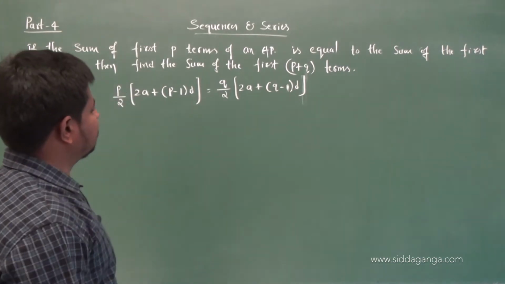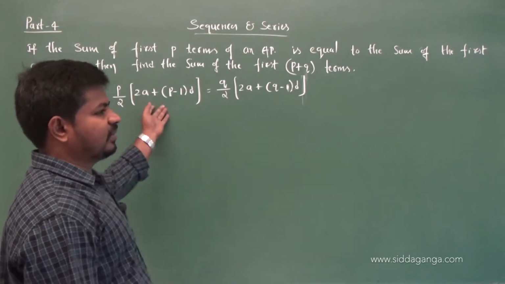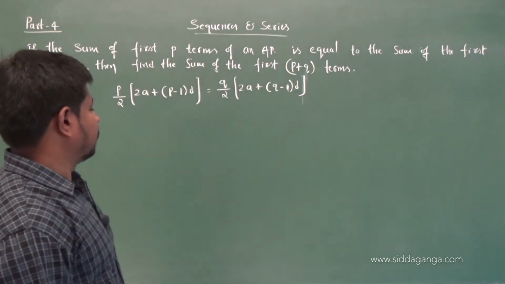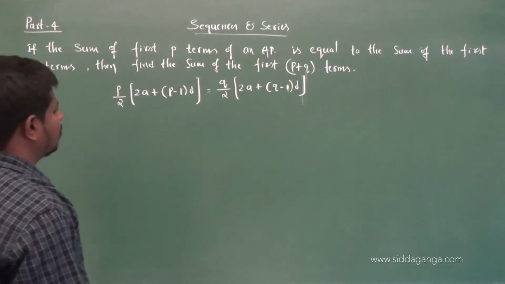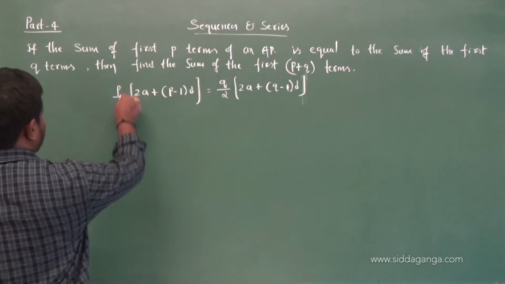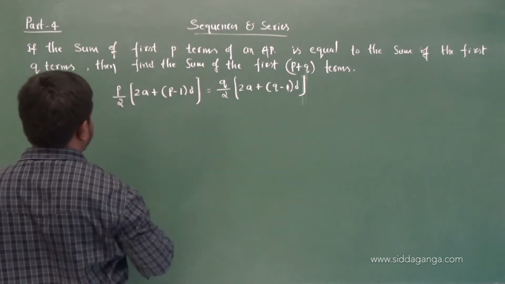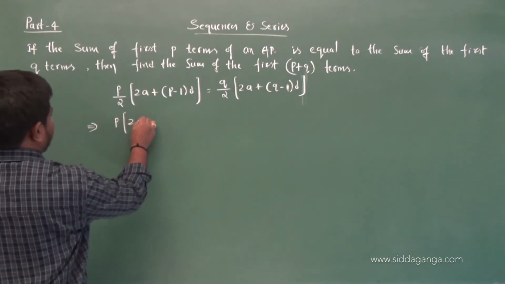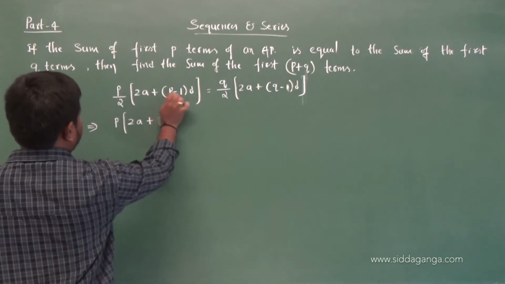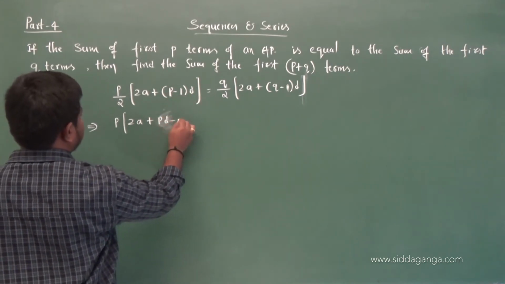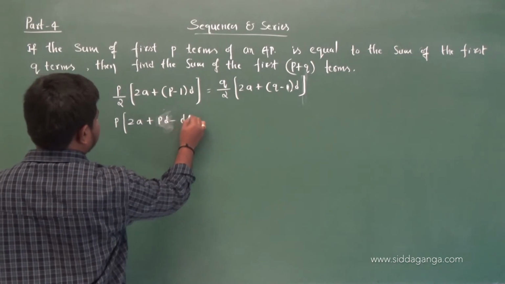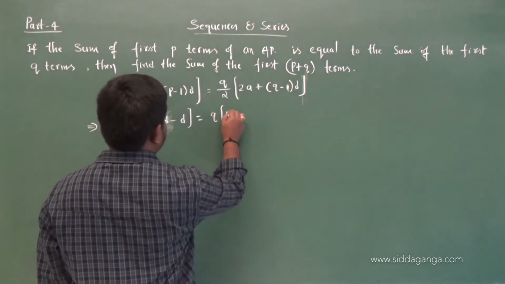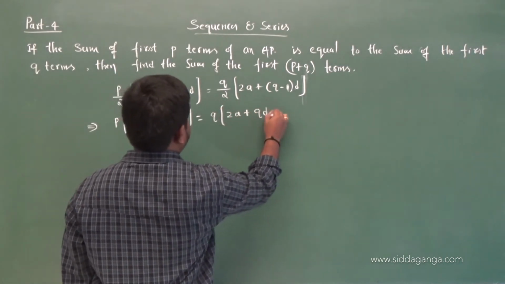Now, what is the sum of first p plus q terms? If p is 5, q is 10, then what is the sum of first 15 terms, p plus q? That's it. Okay, then, on both sides I am going to cancel 1 by 2, 1 by 2 gets cancelled. What remains? p into 2a plus, let me multiply this, pd minus d equal to, so here 1 by 2 gets cancelled, it's q into 2a plus q into d minus d.